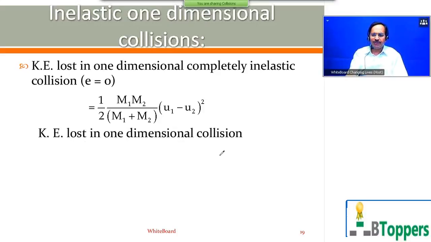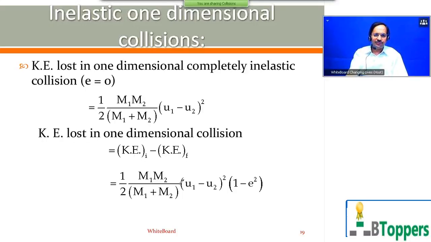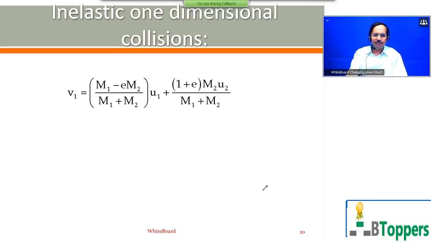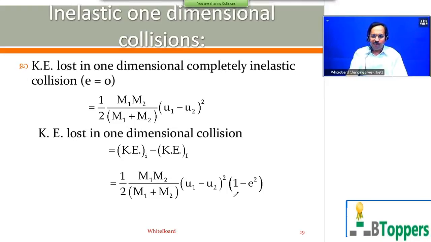Kinetic energy lost in a general one-dimensional collision is equal to KEI minus KEF, which you can write as half m1 m2 by (m1 plus m2) multiplied by (u1 minus u2) whole square, which is then multiplied by (1 minus e square). Come on, finish copying up to here. In case you need more time to copy this, you can pause and take your time.